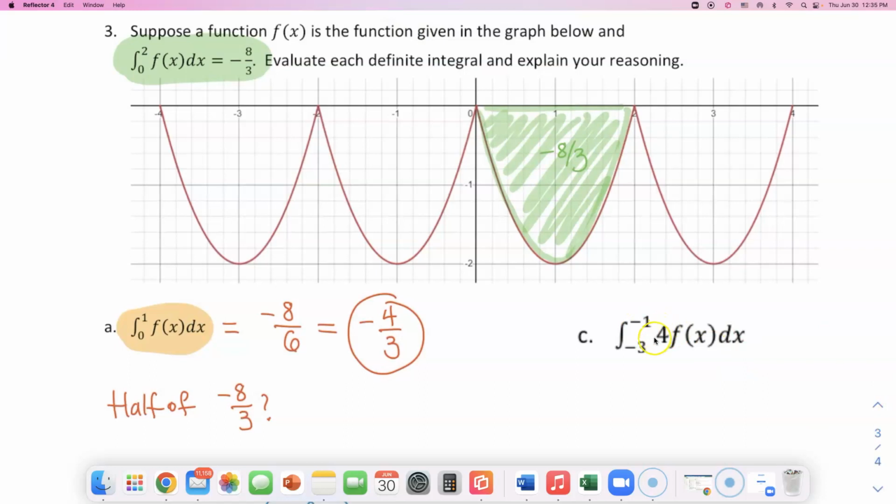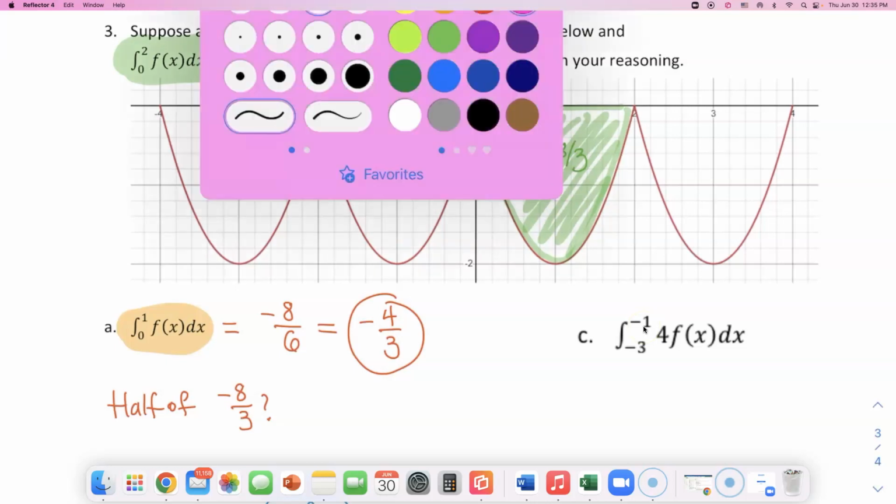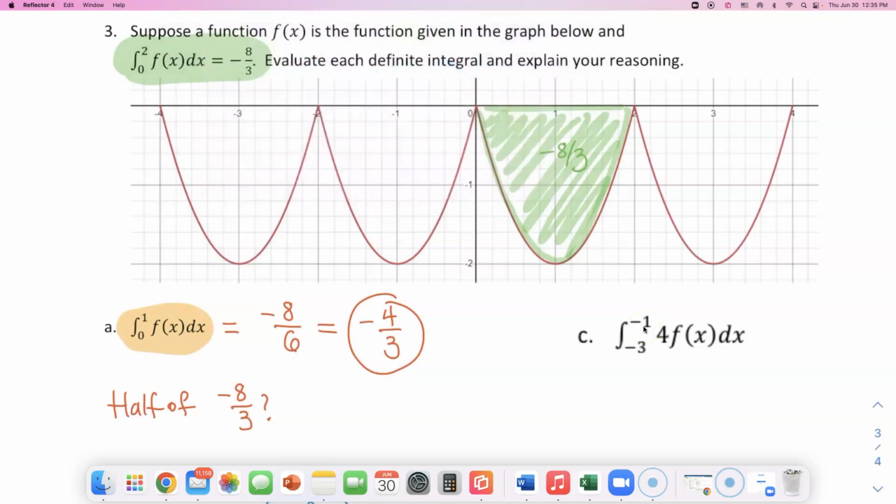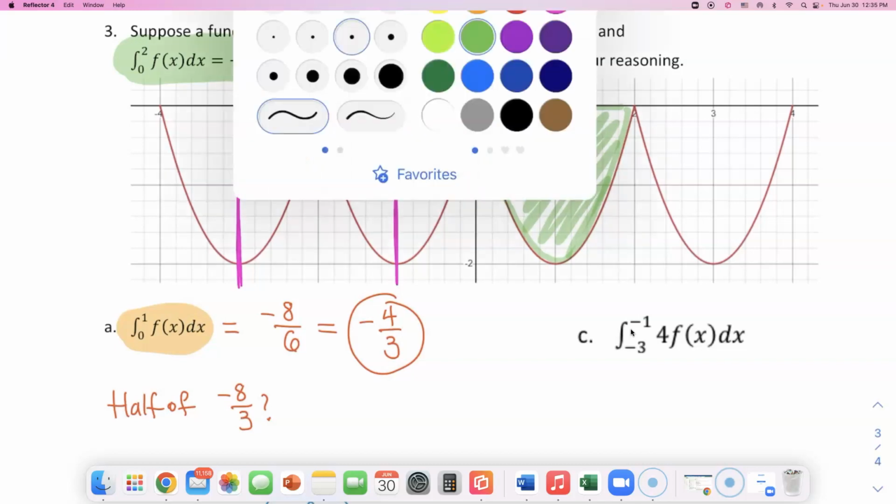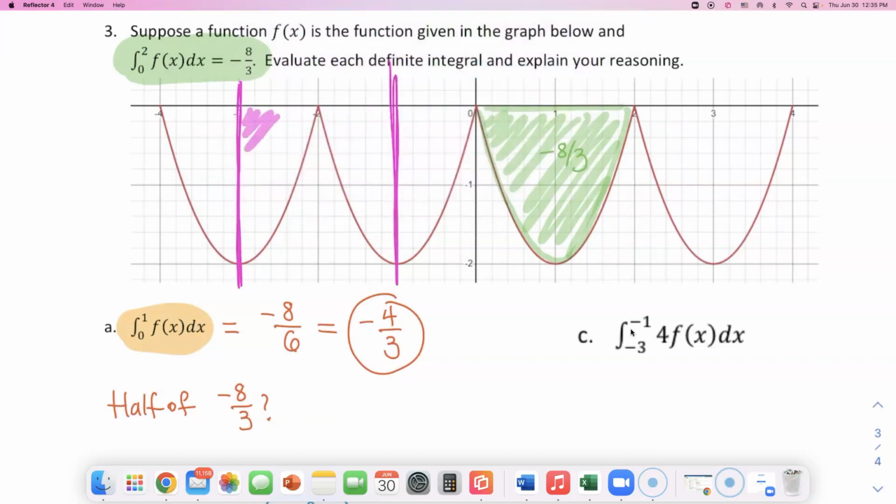Now, what are they asking us? From negative 3 to negative 1. From here, that's the starting line, right? That's negative 3 to negative 1. So that's what they want. It's so cute. Look at that. It's half of a parabola right there and another half right there.